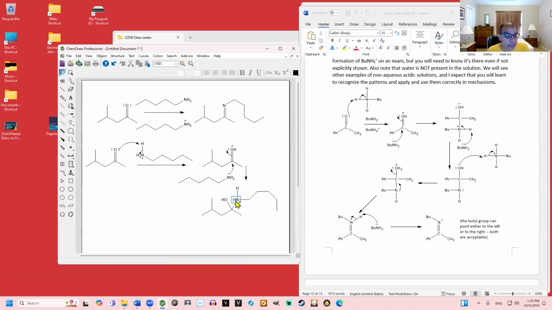First thing we'll do is pull off the proton from that nitrogen. And we'll use the base that we're given, which is, again, the primary amine.